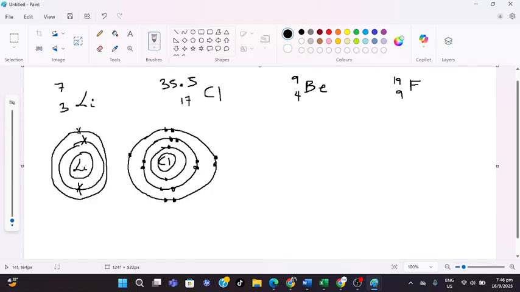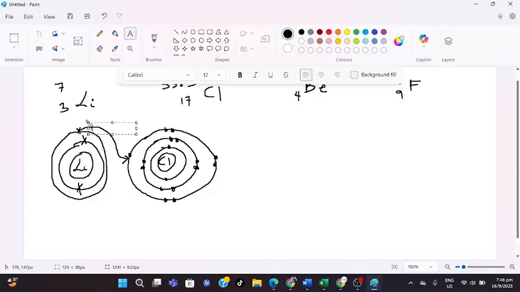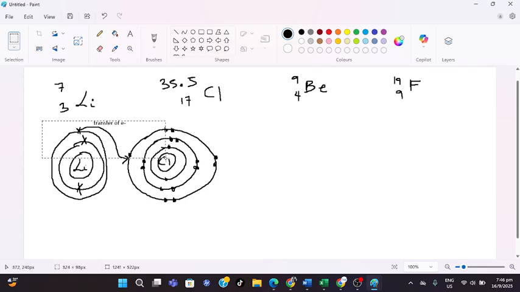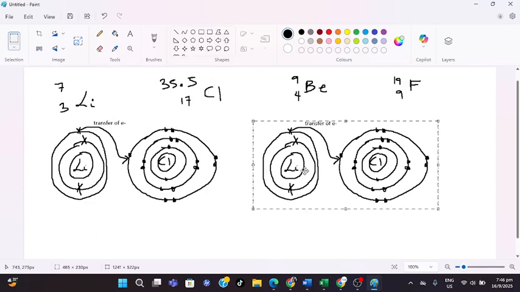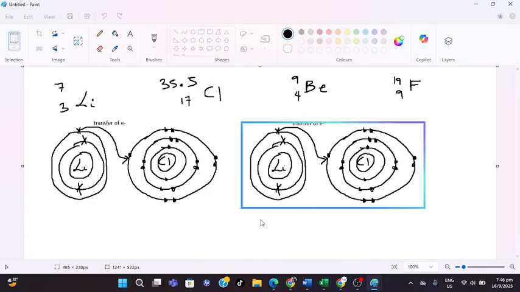We're gonna have a transfer of electron, negative E. And we're gonna end up with this scenario.